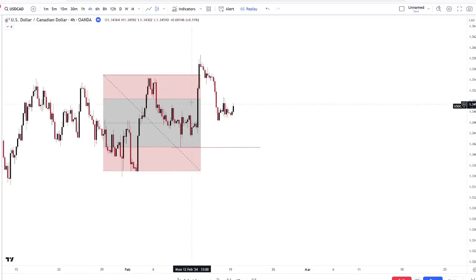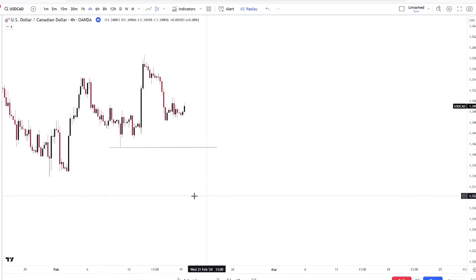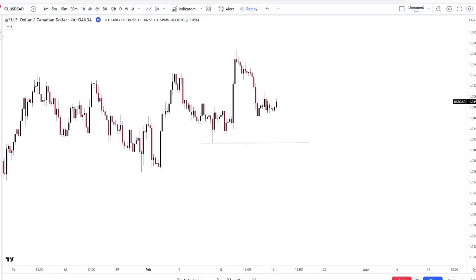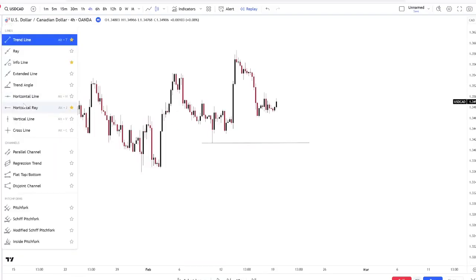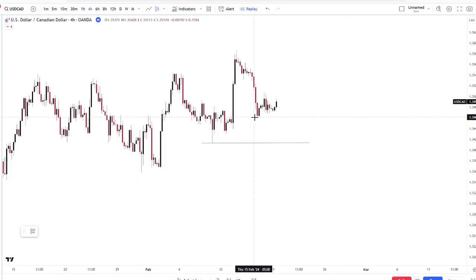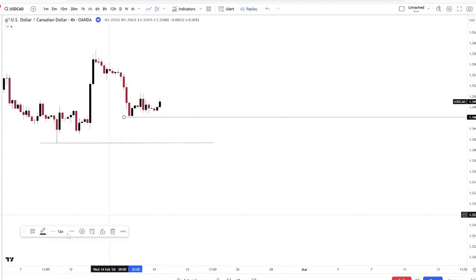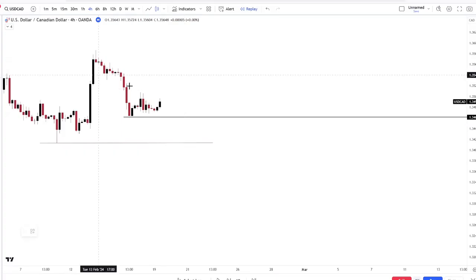So what are we going to do here? We're going to mark this level. And if price does get below this swing, what are we anticipating?